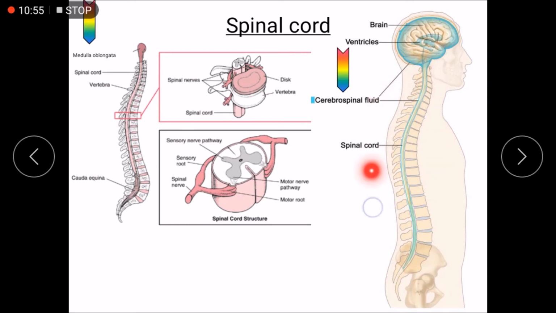Inside the bones there are vertebral foramen, and those foramens are the holes that hold the spinal cord. If you see here, the bone, which is transparent, and the one in pink is the spinal cord. The spinal cord is actually inside the vertebra, so the vertebrae are protecting the spinal cord.